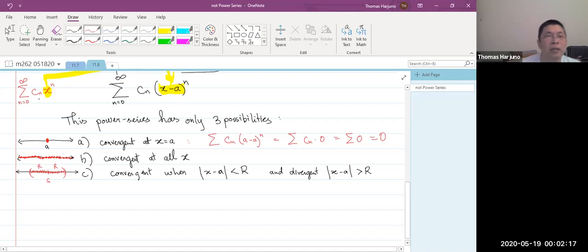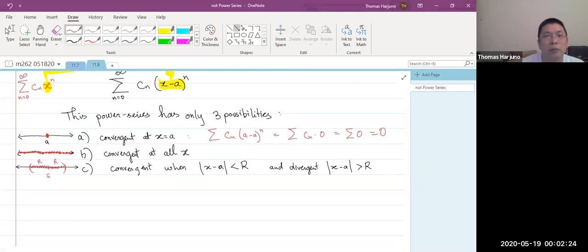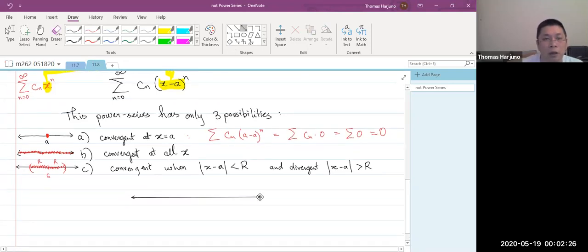Okay, now basically this theorem, this rule says the following. It is impossible for us to have the convergence like the following. Like this is a here, and then you go 10 units to the right, and you go 5 units to the left. No, it won't happen. The number of units it goes to the right will be the same as the number of units it goes to the left.